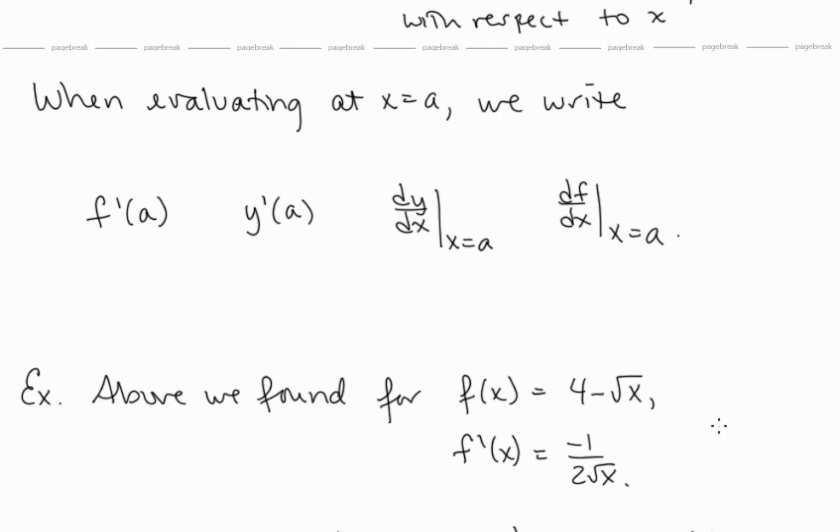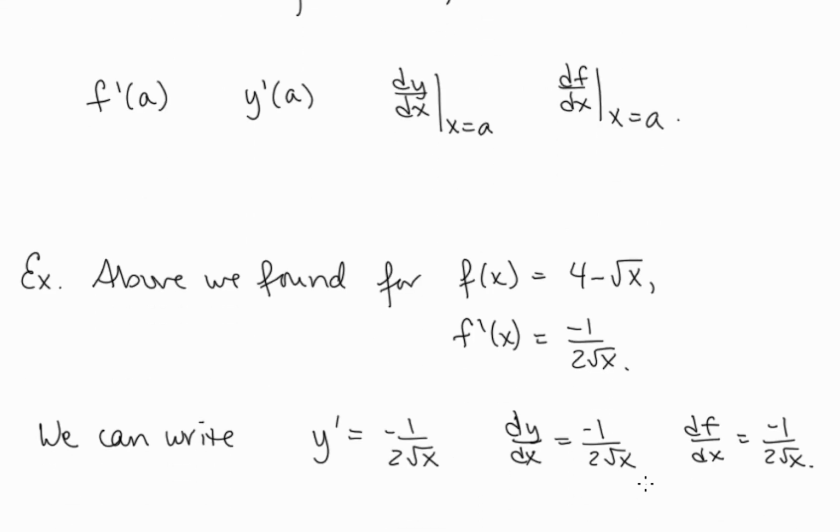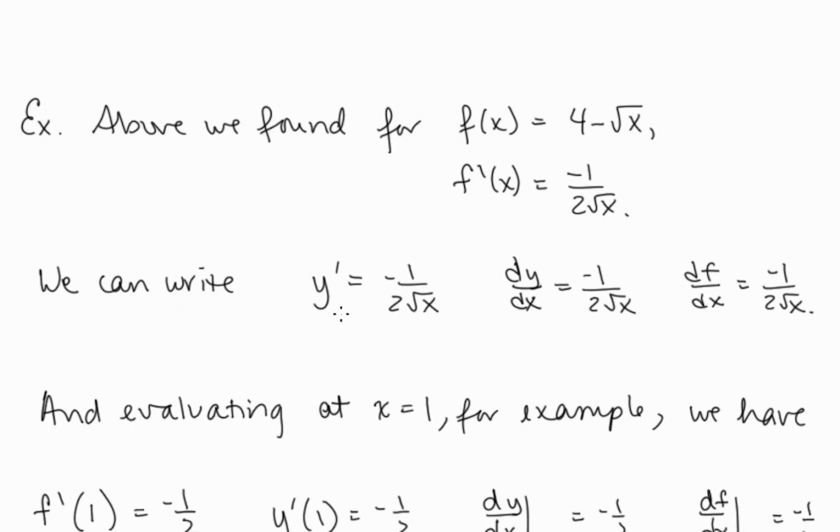And so for the function we looked at above with f of x equals 4 minus radical x, we found f prime of x to be negative 1 over 2 radical x. So we could also write y prime is equal to negative 1 over 2 radical x, or dy dx is equal to negative 1 over 2 radical x, or df dx is equal to negative 1 over 2 radical x. They all mean the same thing.